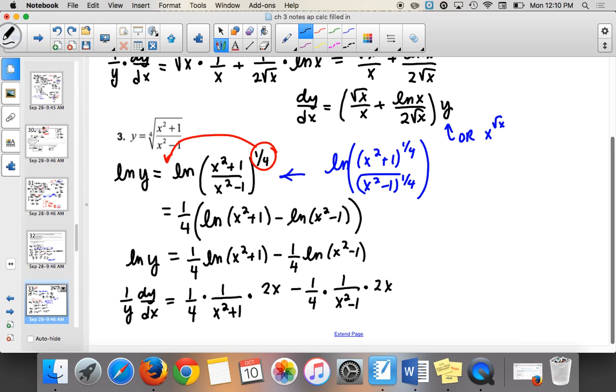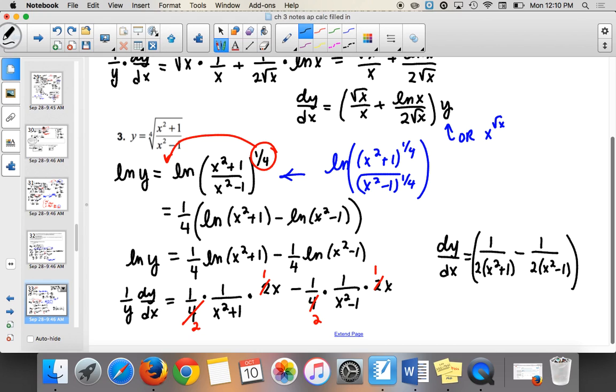Then we just clean it up a little bit. 4 and 2 reduce out. So we have dy over dx equals 1 over 2 times the quantity of x squared plus 1 minus 1 over 2 times the quantity of x squared minus 1, all of that times y. Dang it. X, thank you.